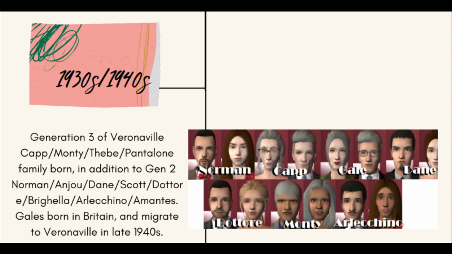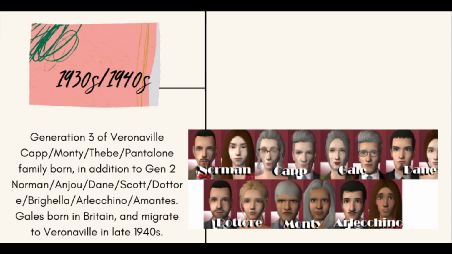This is really the last generation where most of the family is ancestral, meaning not relevant to the current Veronaville narrative. And all but two of them were born in Veronaville. So this is like the last of the migrant families coming in. The exception are the Gales.